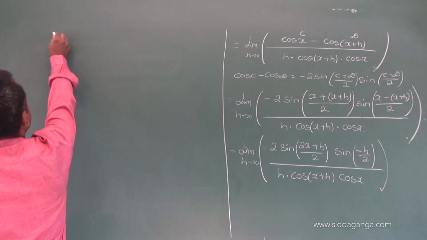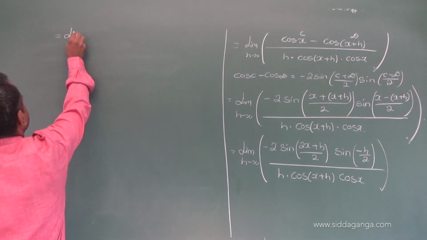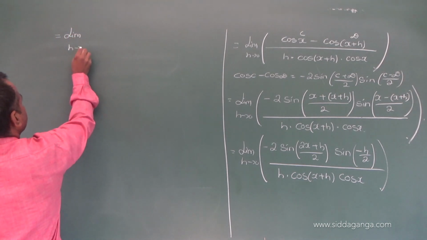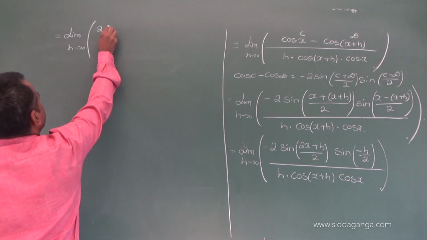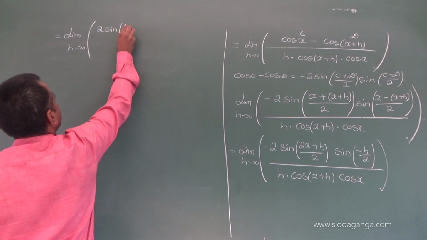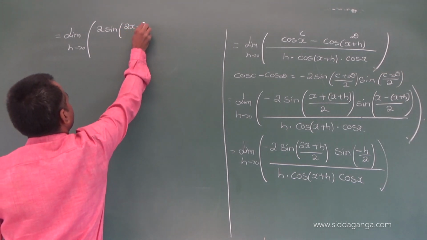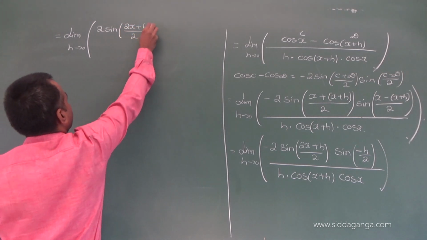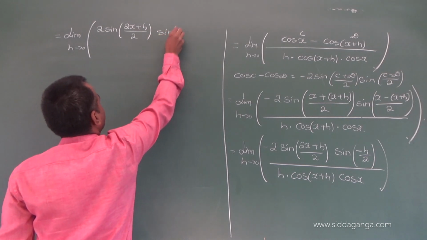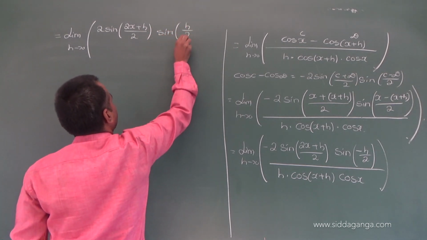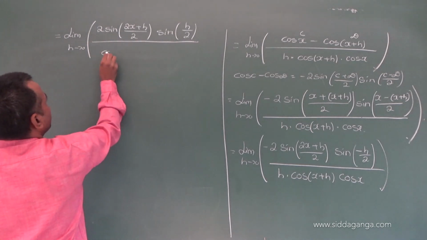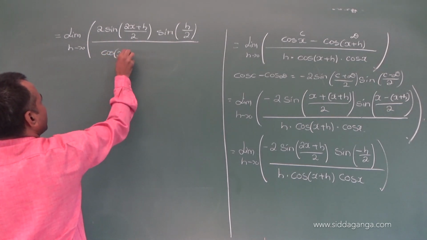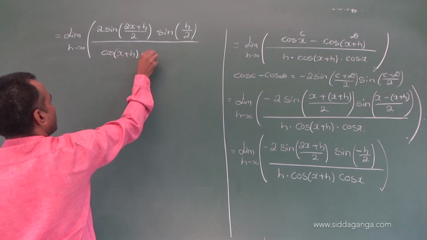So we write, limit h tends to 0, sine of 2x plus h by 2 into sine h by 2, whole divided by h, into cos of x plus h into cos x.